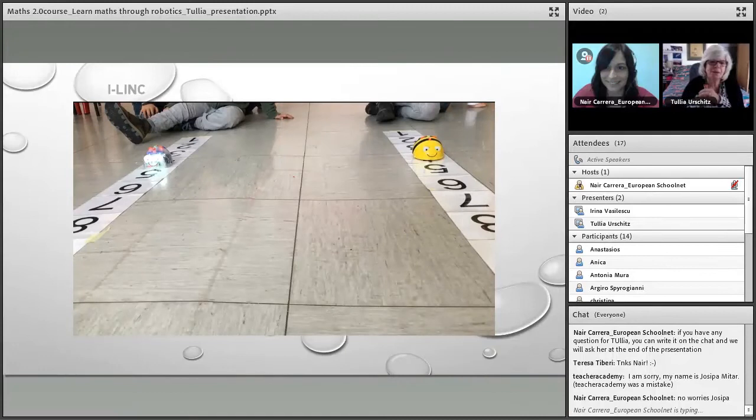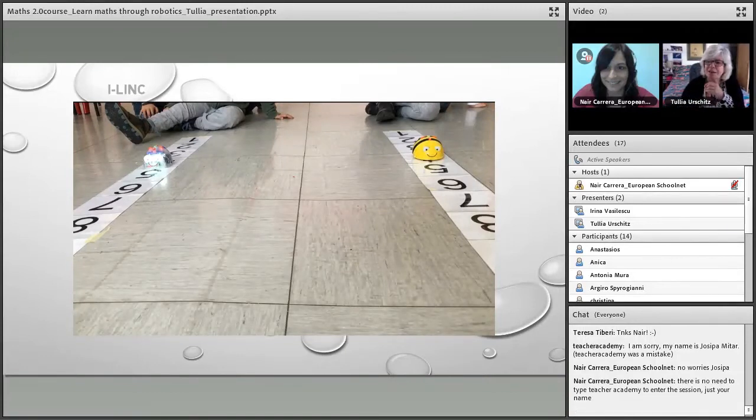And of course, you need to make different things according to the age, and also different kinds of robotics kits. In this case, you can see there are some students from the kindergarten, and they were working on the number line, and for them it was easier, even if they didn't approach it before.